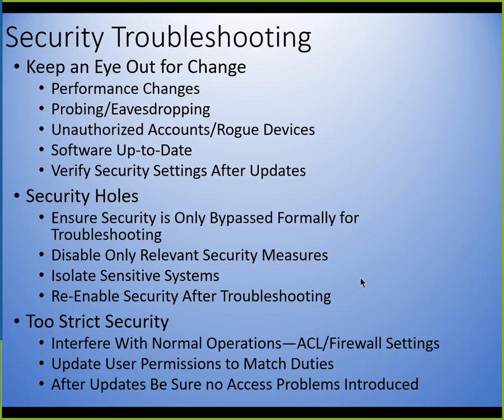The troubleshooting portion of it is to keep an eye out for change. What changed? What has been changed? Was it an authorized change? That goes to change management, which I think we probably haven't talked about yet. Probing and eavesdropping, watch for those. Probing is scans, basically, to see what ports are available. Eavesdropping, we've talked about that.